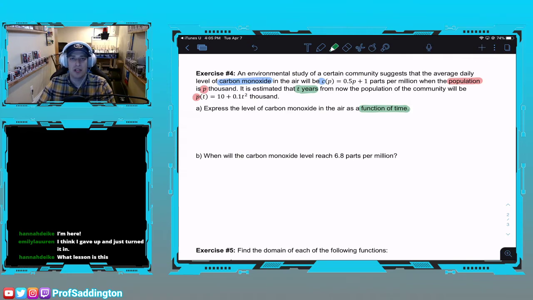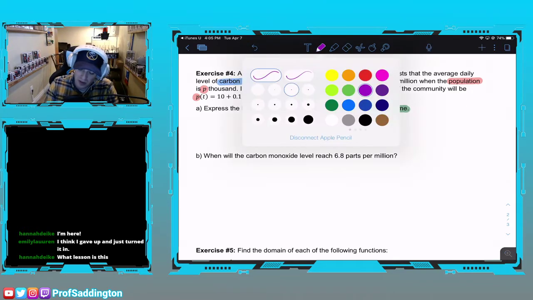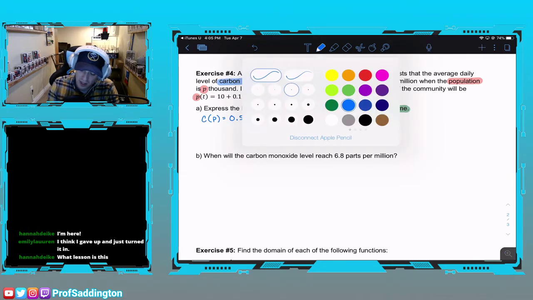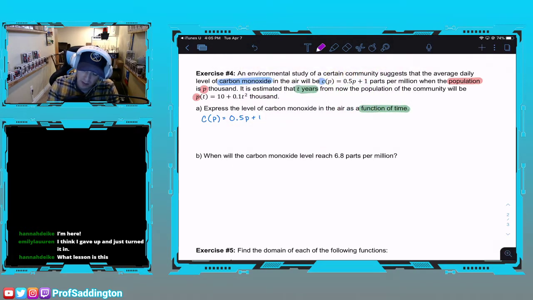So I'm going to show you guys a little trick for figuring out this final function. I'm just going to rewrite the 2 functions underneath. So we had C of P is equal to 0.5 P plus 1. And we also have P of T, which is equal to 10 plus 0.1 T squared.